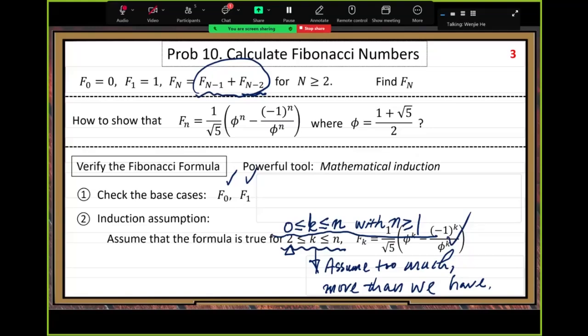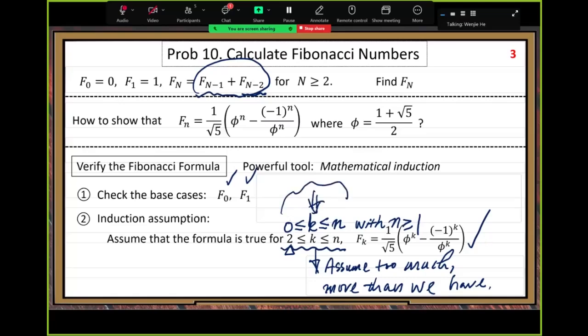So what's the assumption after the condition? The assumption is this Fibonacci number formula is correct. When k is in this range, this formula is correct.